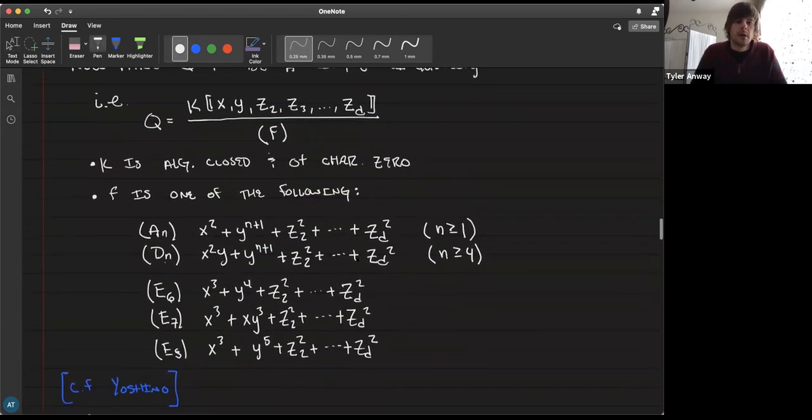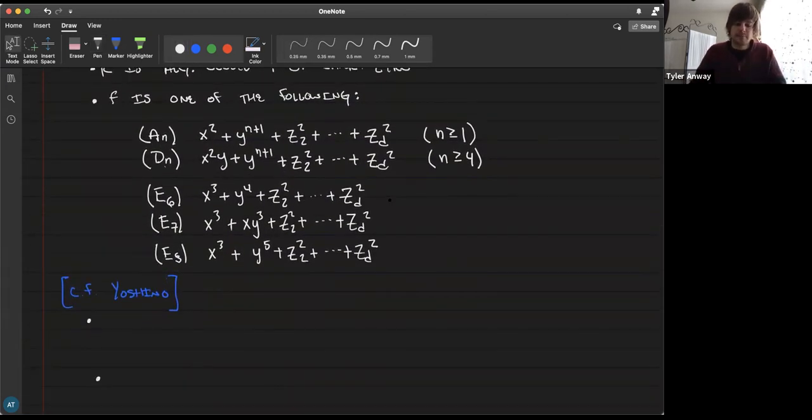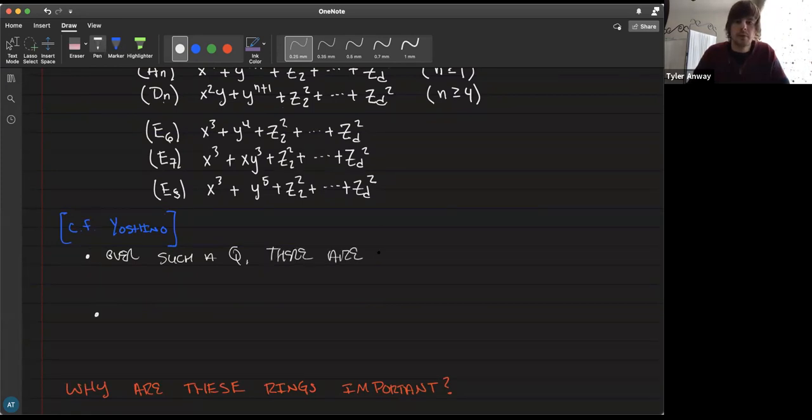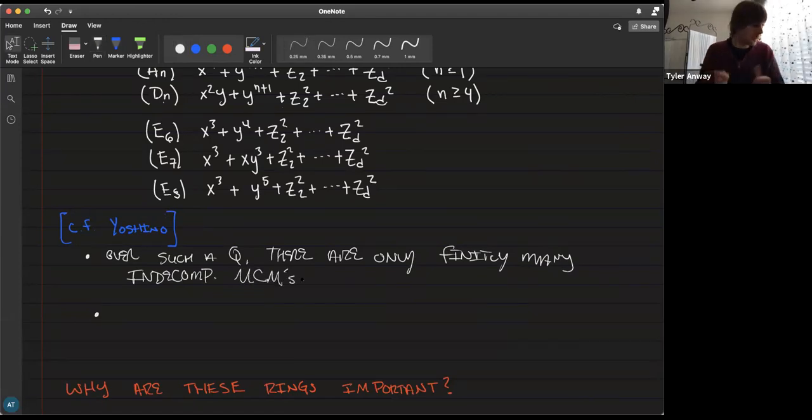But why this is important is that over simple singularities, so let me say this, over such a ring Q, there are only finitely many indecomposable maximal Cohen-Macaulay modules, right?